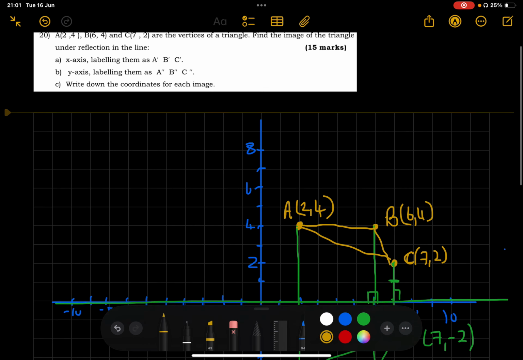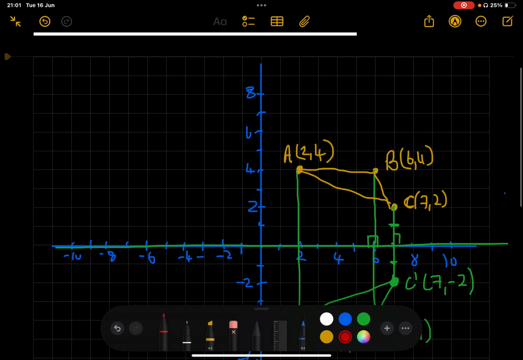Okay, now we want the image of the triangle under reflection in the y-axis. So here's the y-axis, and we're going to get the reflection of all these points through the y-axis. So let me use red.